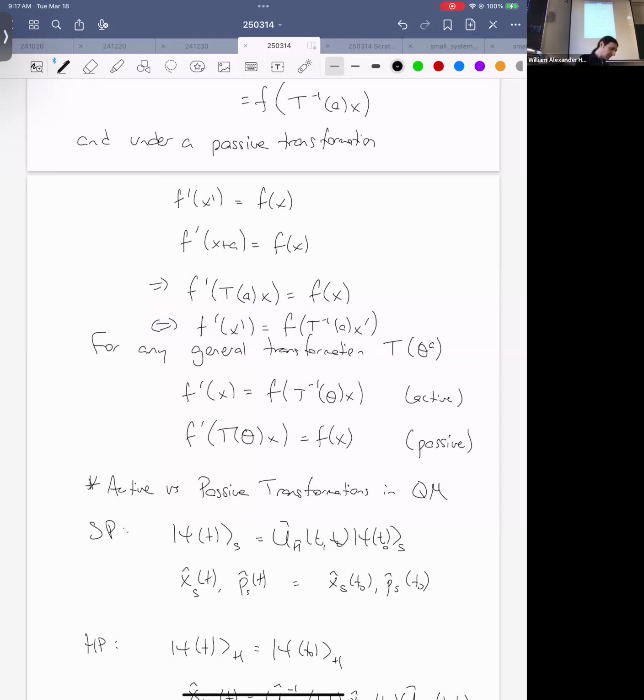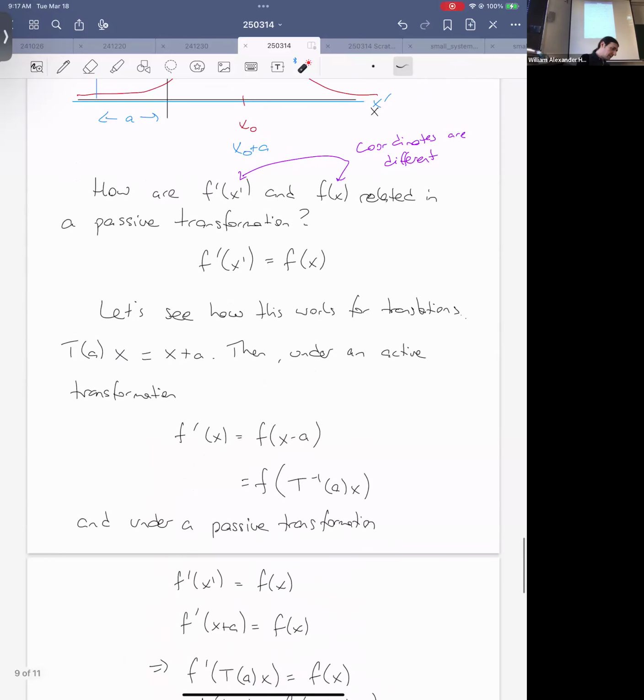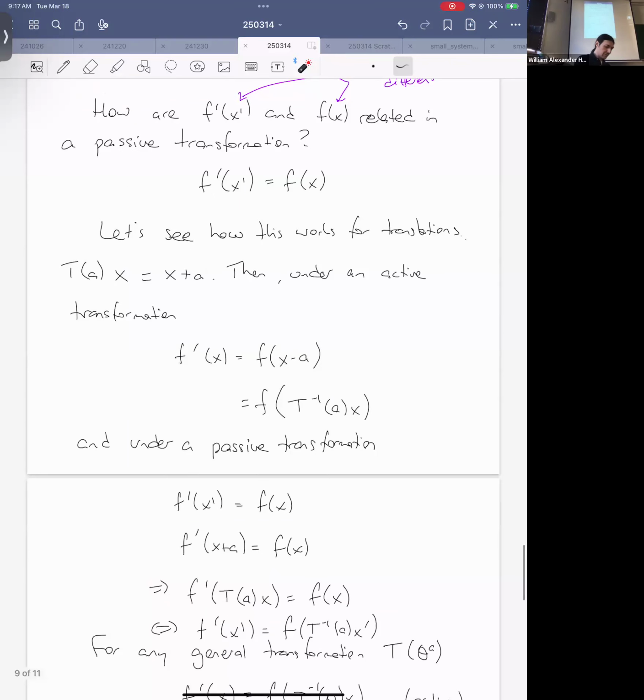Because f prime of x prime equals just f of x. Okay, let's try this again. Oh, never mind. Misunderstood. Okay, great. Good. Last questions. All right, great.